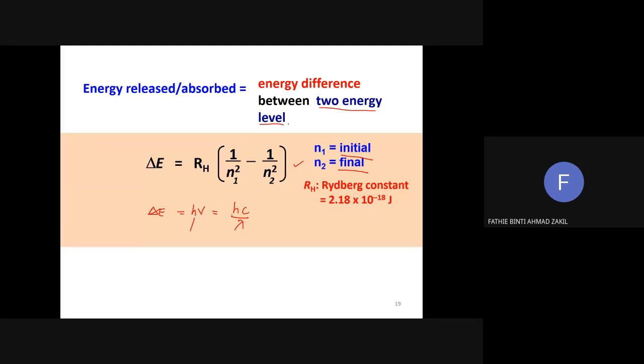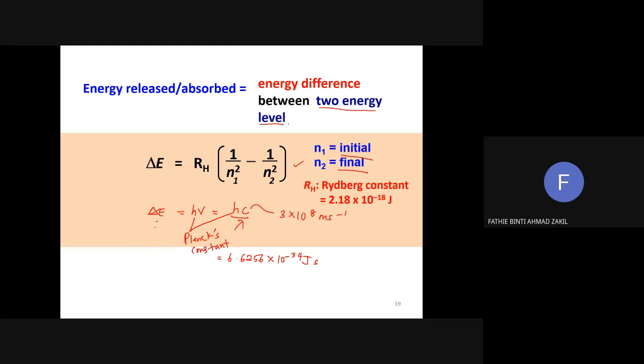H dekat sini adalah Planck constant, bersamaan dengan 6.6256 darab dengan 10 negatif 34 Joule second. C adalah speed of light, 3 darab dengan 10 kuasa 8 meter second negatif 1.